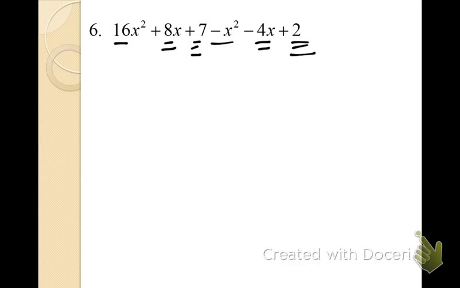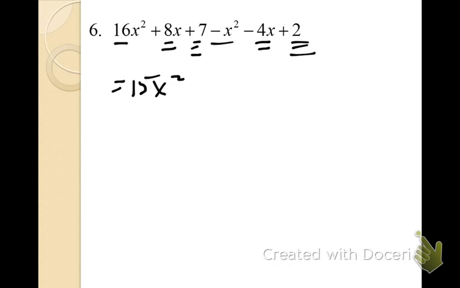Okay, so these are your like terms, and we're going to go ahead and just combine the like terms. And again, the like terms are the ones that look alike, right? So the 16x squared and the negative x squared. We're going to combine those. When we combine them, we merge them, we add them. So 16x squared plus a negative 1x squared is going to give you 15x squared, right?